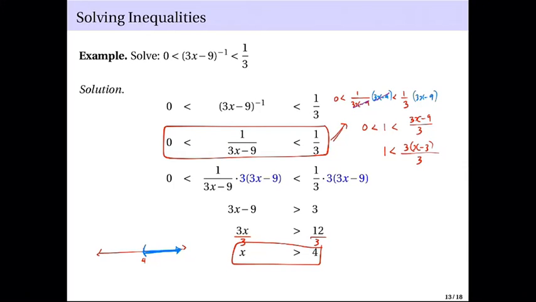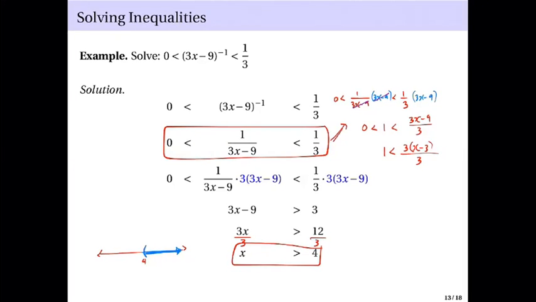And then you can cancel out the 3. Okay? This and this. You will be left with 1 less than x minus 3. And then if you solve for x, you put your negative 3 to this side, it becomes plus 3.